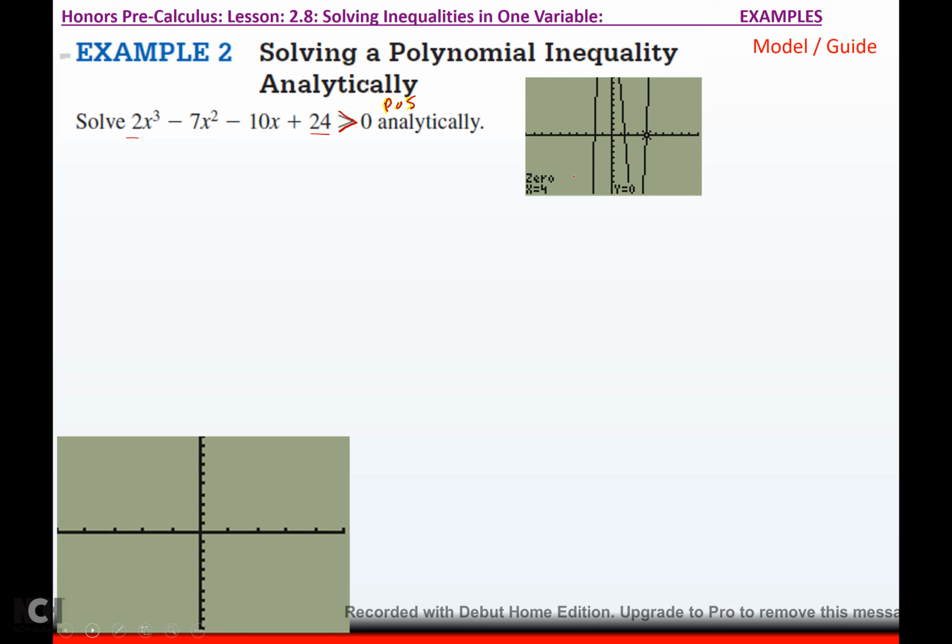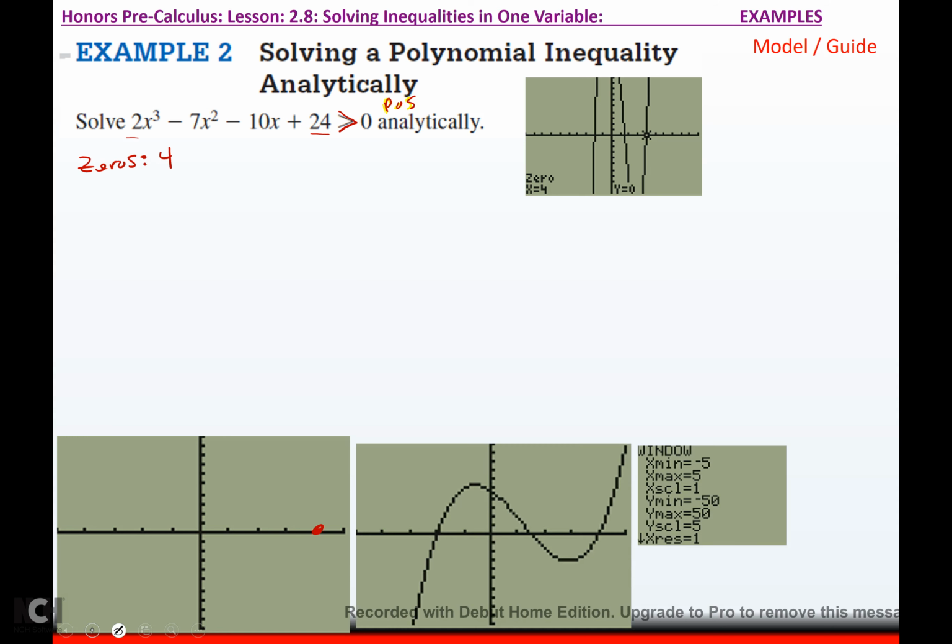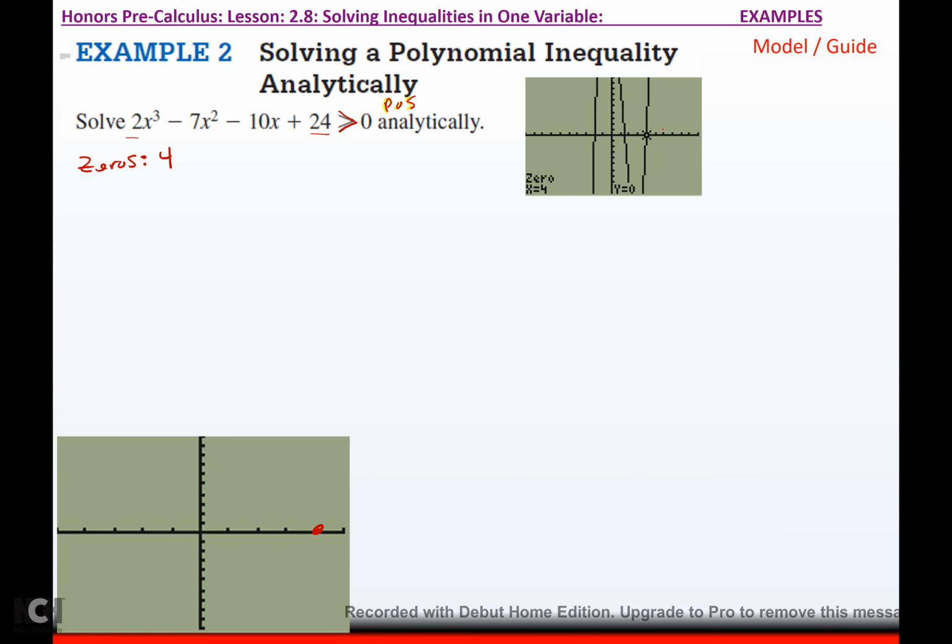So I did it graphically, and I calculated my zeros. So I've got a zero at 4. Okay, I only let you get 1, sorry. Remember, we only cheat a little bit. I needed to get 1 from the picture so that I can divide and get it down to a second degree.